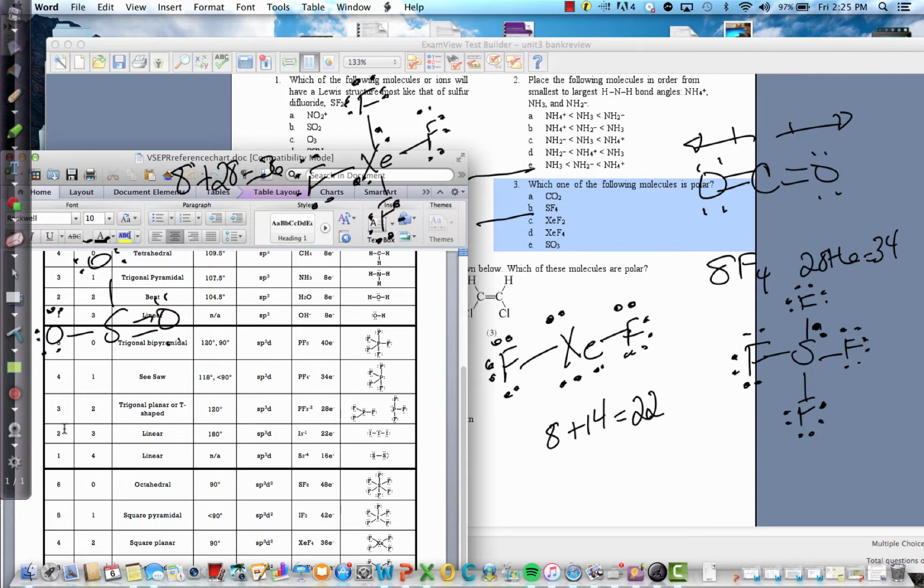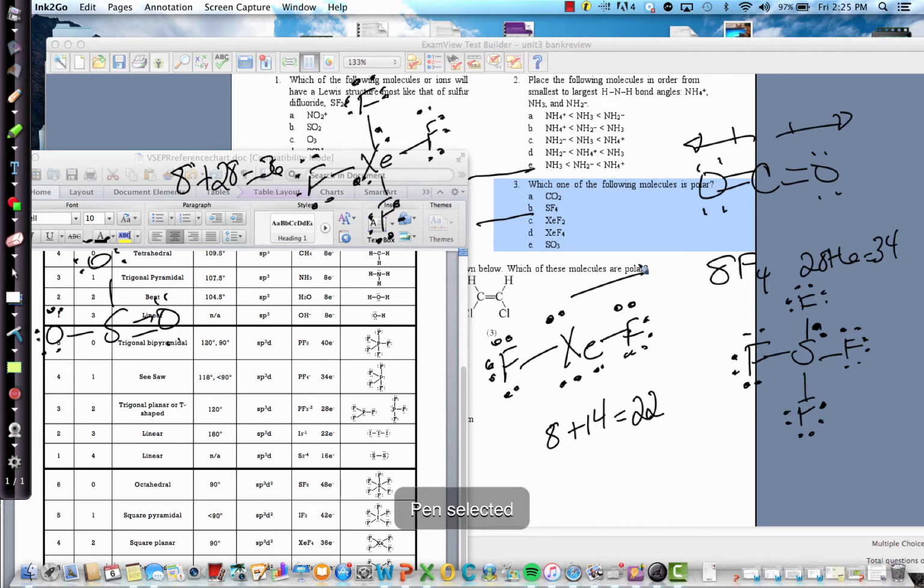This one has 2 bonding pairs and then 3 lone pairs. All right, so the shape is actually going to be a linear shape. And a linear shape means that the atoms are just straight out from each other. So even though we've got dipoles here and we've got these lone pairs, because they actually just end up sitting like this, that means that the dipoles will end up canceling.